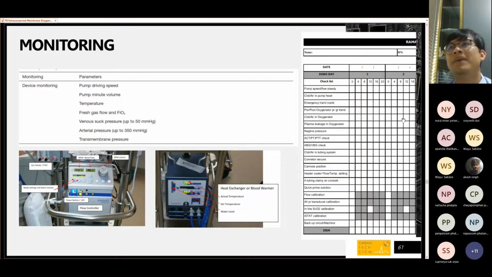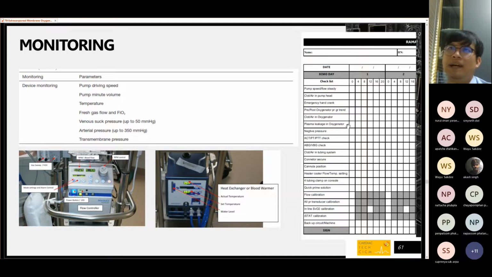And here is the flowchart for recording the Ecmo function. So here is the maintenance for each day and each shift, hour by hour, like at midnight, 4 a.m., 8 a.m., something like that. That's every 4 hours. So you can see the checklist.